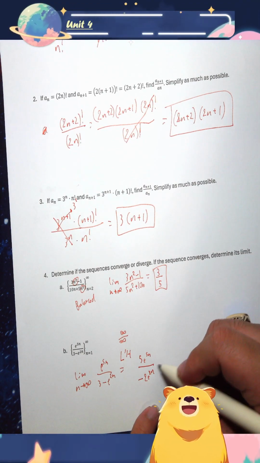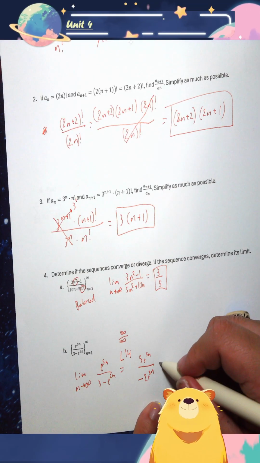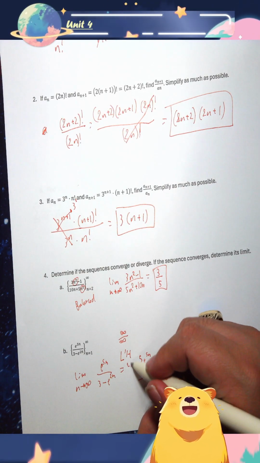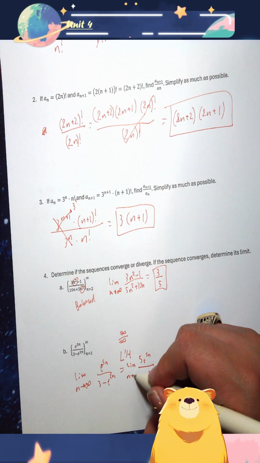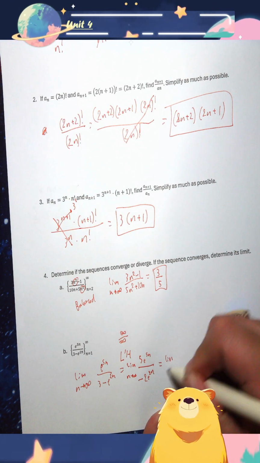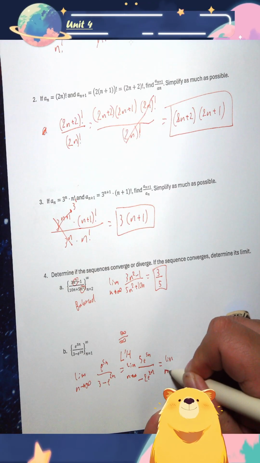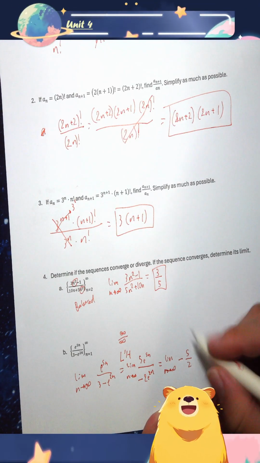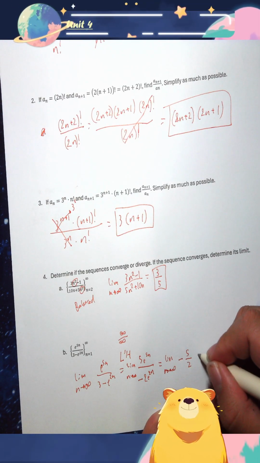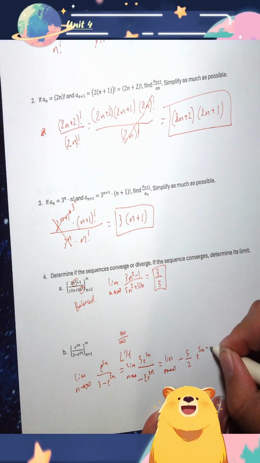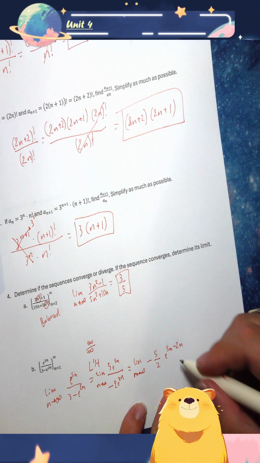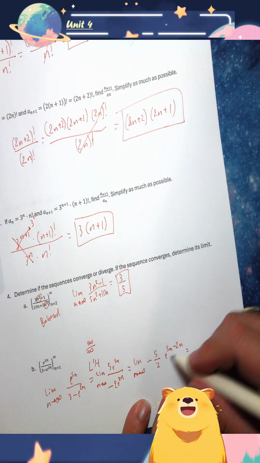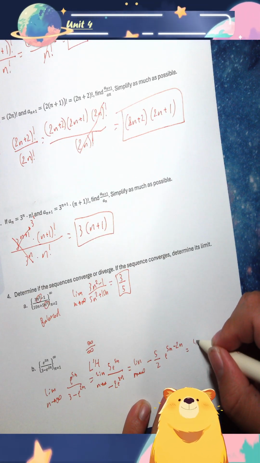There you can combine the exponents. I keep forgetting the limit. So we have negative 5 over 2, times e to the power of 5n minus 2n, which is just 3n.